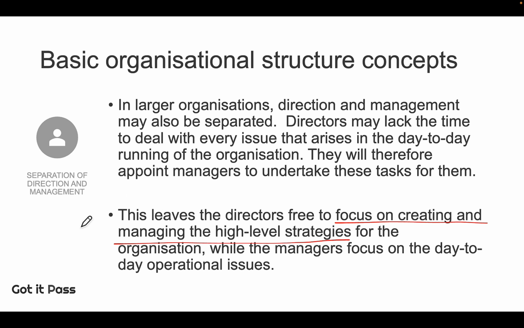So here, first, we have the owners or shareholders. As we mentioned, we have the owners, and then we have the directors, because the owners or shareholders appoint the directors. And last, we have the managers.